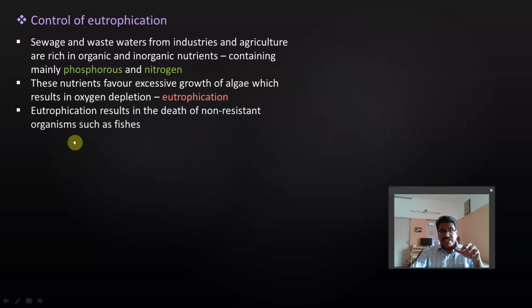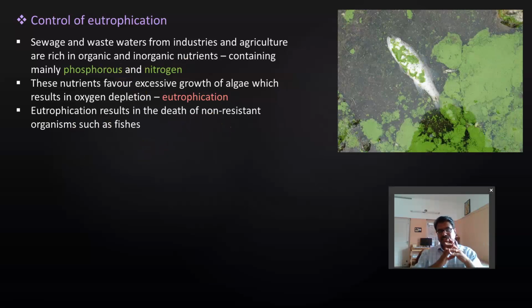And this eutrophication results in the death of those organisms which cannot resist this pollution, mainly fishes, and this results in huge mortality of fishes. See, there is a huge phytoplankton bloom there, and that results in eutrophication, and the result is the death of fishes like this. This is only one fish, but usually huge numbers of fishes die there.